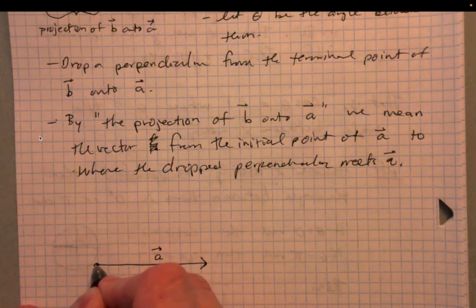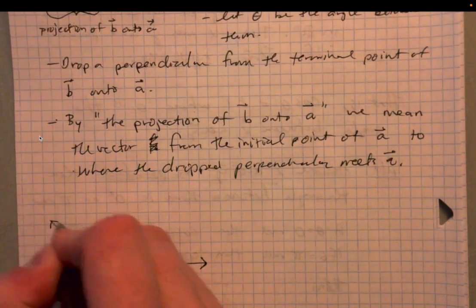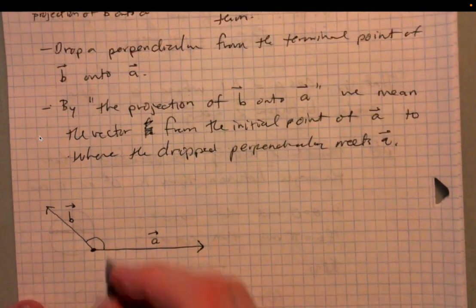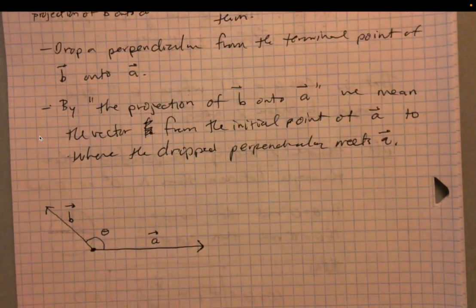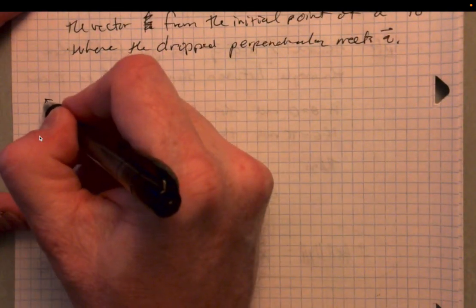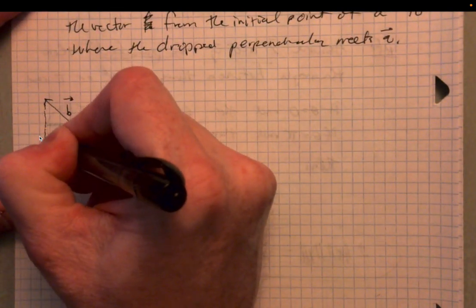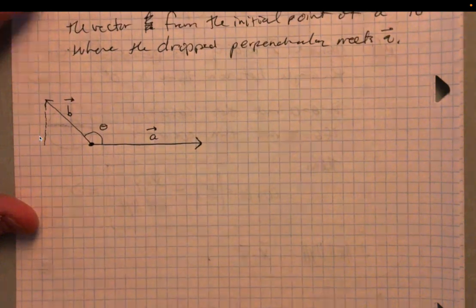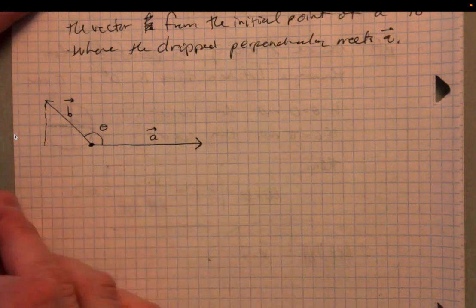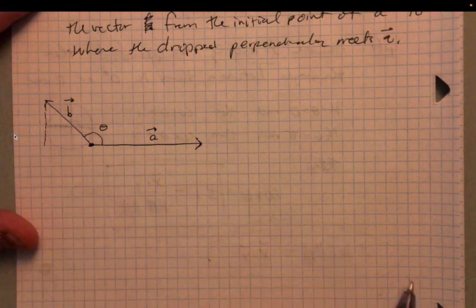So let's instead say that B is up here somewhere. Right, and so in this case, here's your theta. So what is the projection here? Well, again, it's the same idea. You're going to drop a perpendicular onto the line of A. So the line of A means, not merely the vector A, but the straight line extending in both directions from the tail.